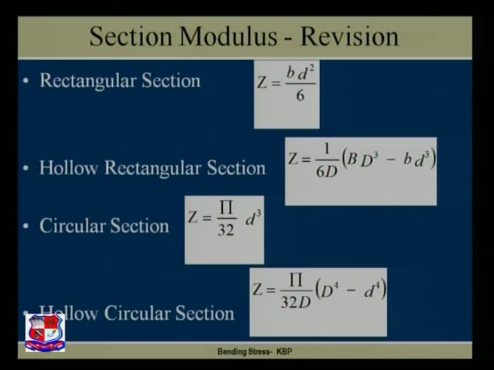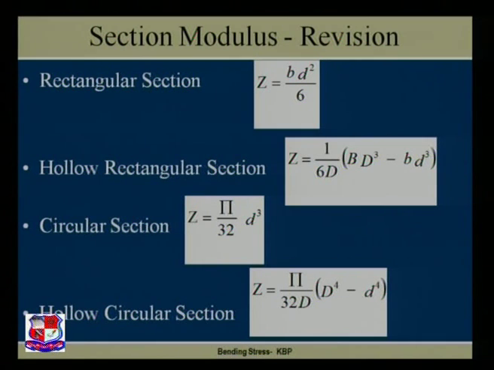We have also derived the equation of the section modulus for known sections, specifically the rectangular section, where Z is equal to BD square by 6. For a hollow rectangular section, Z is equal to 1 by 6D bracket capital BD cube minus small bd cube, where capital B and capital D are the outer dimensions of the hollow rectangular section, while small b and small d are the inner dimensions.